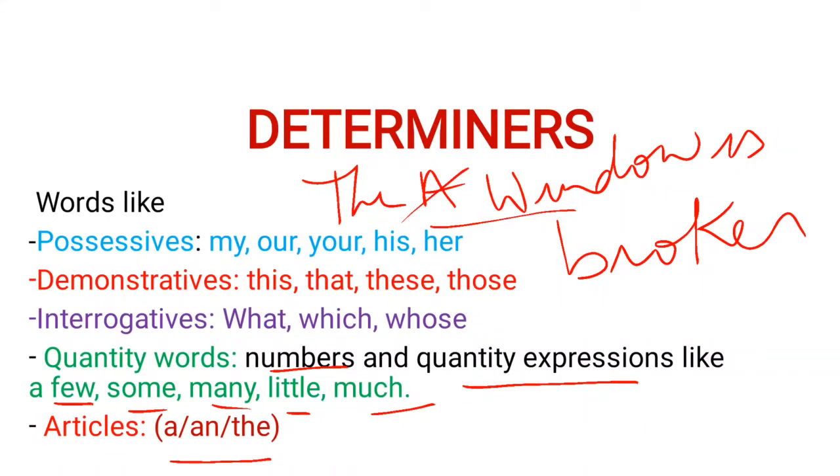It means the speaker and the listener know which window is being talked about here. Thus, articles give us information about nouns, and so they are also called adjectives. But we will discuss all the determiners in another lesson, because each determiner is one big topic. In this lesson, let's focus only on adjectives and let's learn how to avoid common errors while using adjectives.